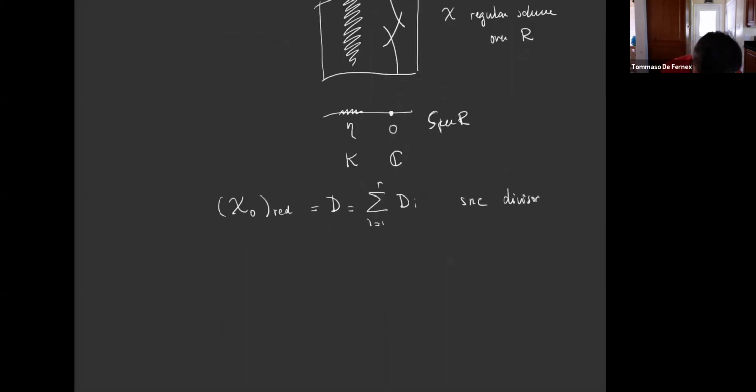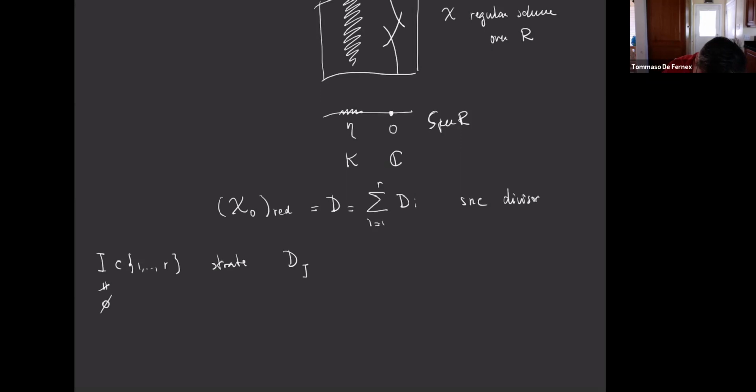And then I look at the strata. So for every I in the set between 1 and r, and I always assume I is different from the empty set, because that would give the open set away from the central fiber.